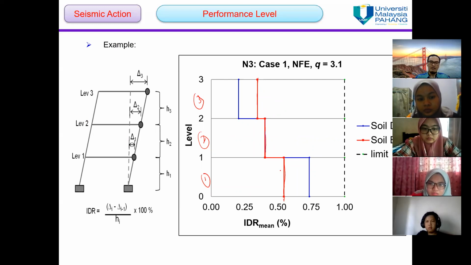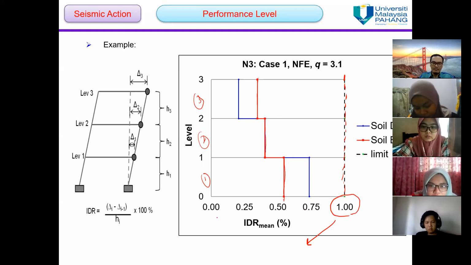Okay, this will indicate the performance level. Here, the value is still lower than 1.0. So may I know what is the performance level for this building?